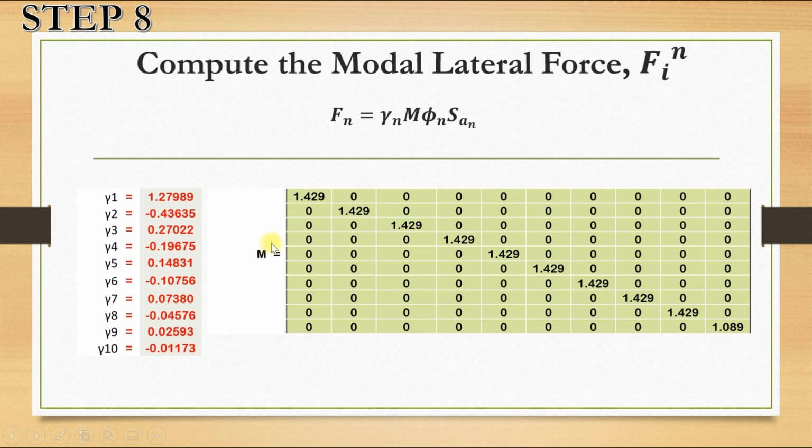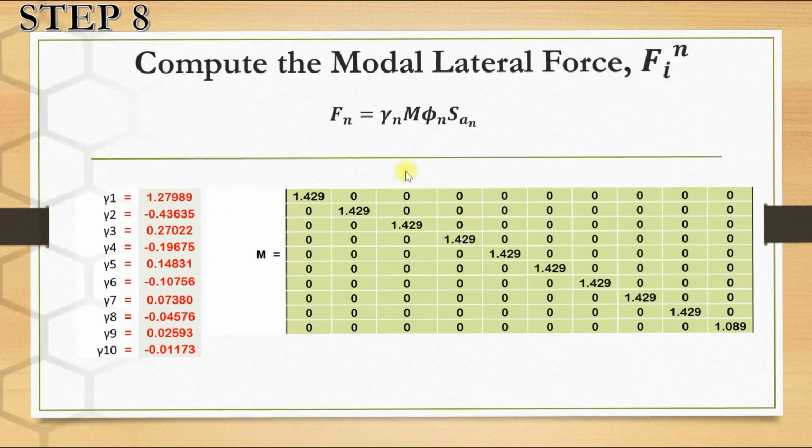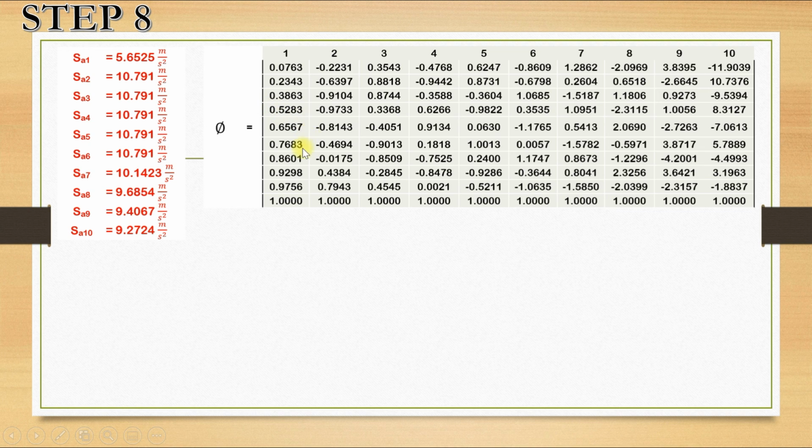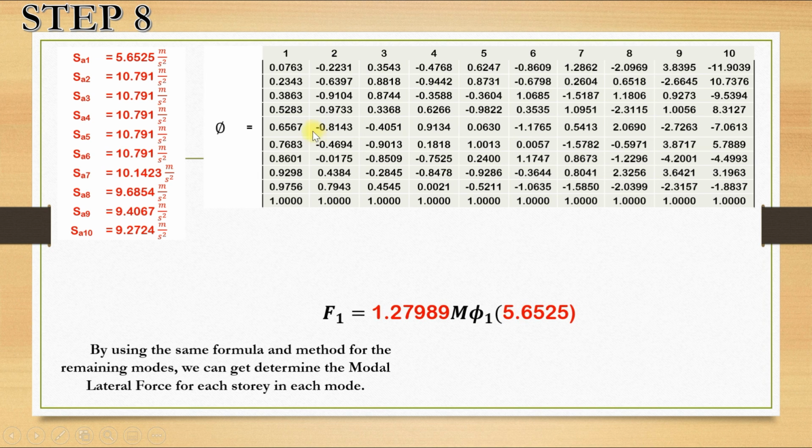So ito rin naman yung value na gagamitin natin kanina, yung given for mass, and for spectral acceleration na na-compute din natin kanina. So hanggang sa 10, and then itong mode shape matrix. So ito yung formula. So ito yung gamma 1.